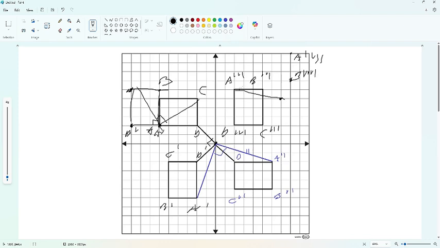And let's see. This is 4 away. We can figure out the rest because it does not change the size or the shape. So this would be D prime prime prime and C prime prime prime. Nice.